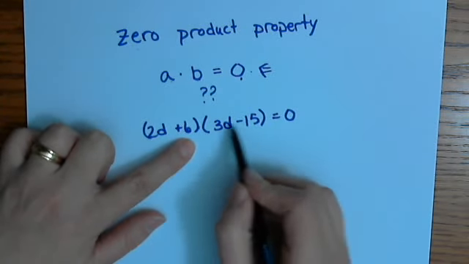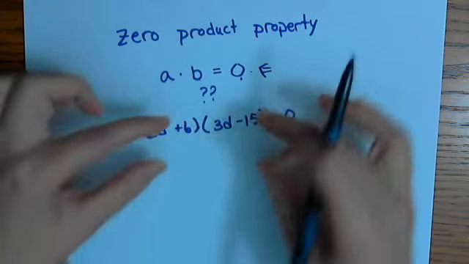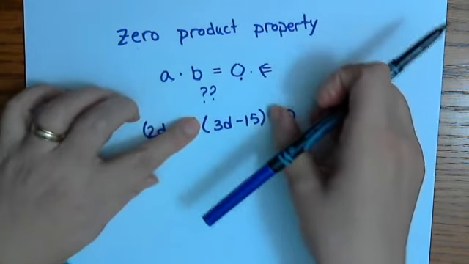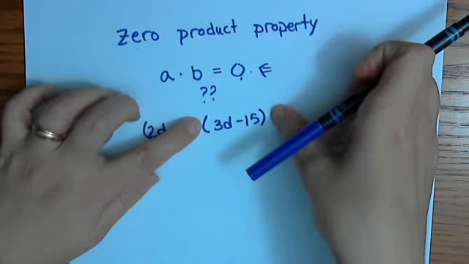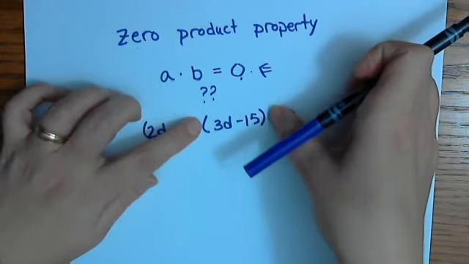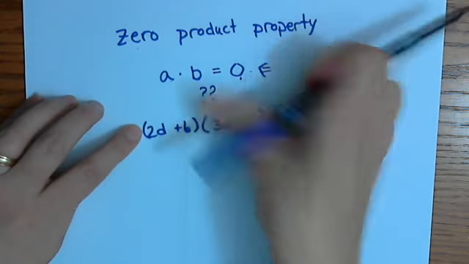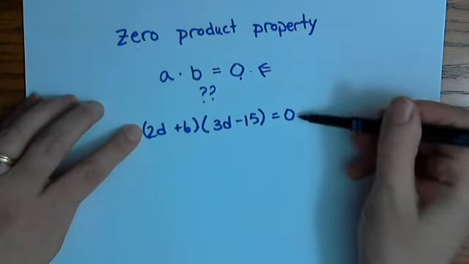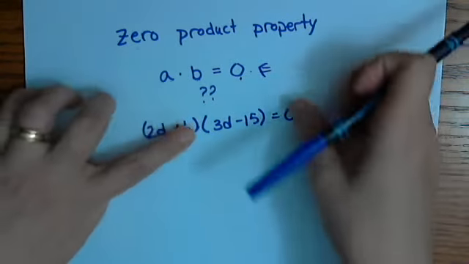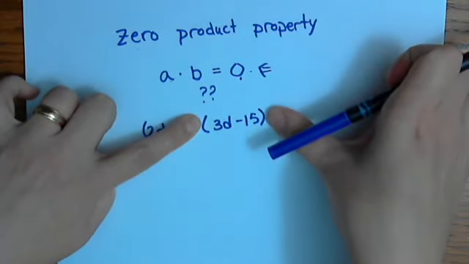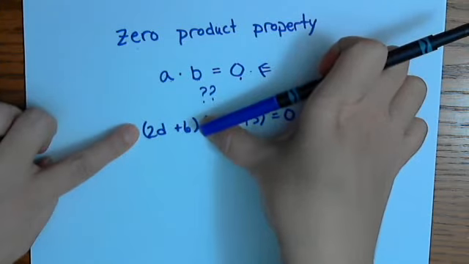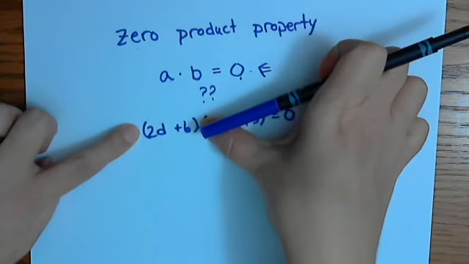It's just like I'm circling it and talking about just that little bit. This is just going to be a number. 3D minus 15 has to be a number. And I'm multiplying this number times that number, and I'm getting an answer of 0. So that means either this number or that number has to be 0.